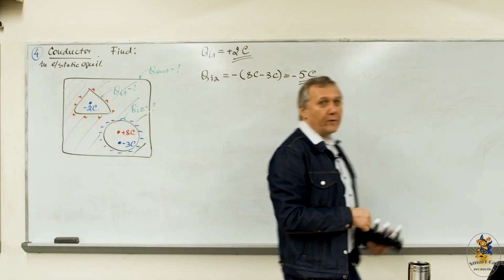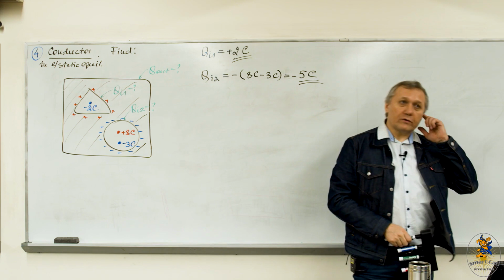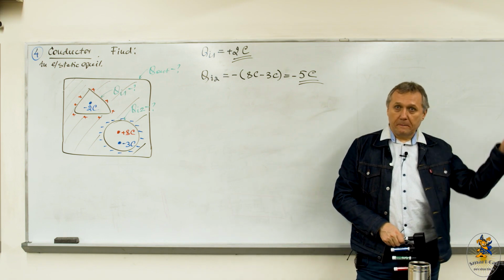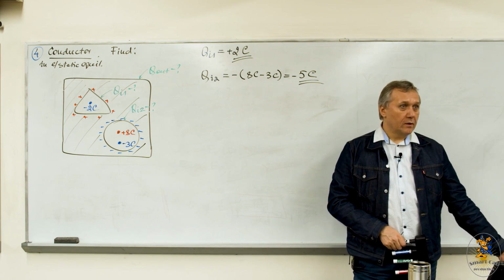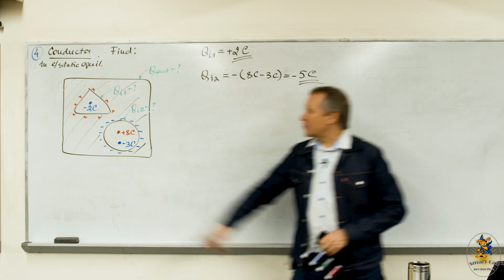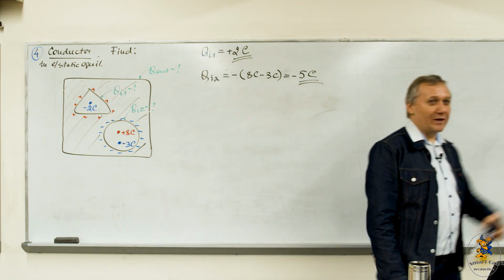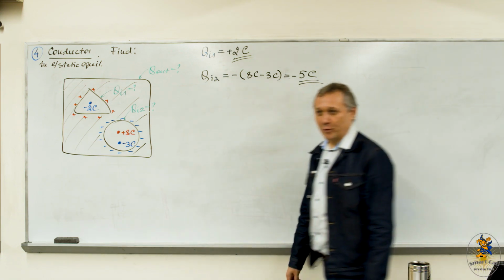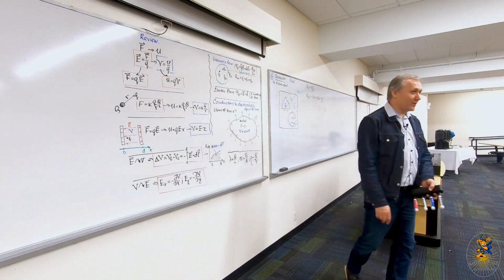Okay, and now the final question. What about the amount of charge on the outer surface? Conservation of charge. In this case, 3 rooms: room number 1, room number 2, and room number 3, isolated from the world. If there are 10 people in 3 rooms, and there are 2 and 3 in the first 2 rooms, then there must be 5 people in the last room.